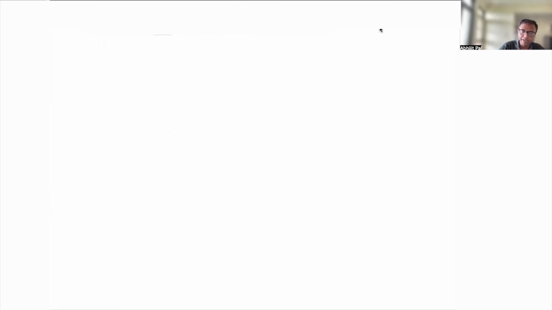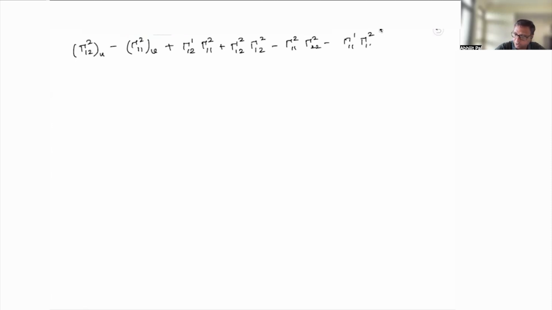Okay, so also we can check this thing. If I take gamma 2,1,2 and take the partial derivative with respect to u, minus gamma 2,1,1 and take the partial derivative with respect to v, plus gamma 1,1,2 multiplied by gamma 2,1,1, plus gamma 2,1,2 multiplied by gamma 2,1,2, minus gamma 2,1,1 multiplied by gamma 2,2,2, minus gamma 1,1,1 multiplied by gamma 2,1,2.